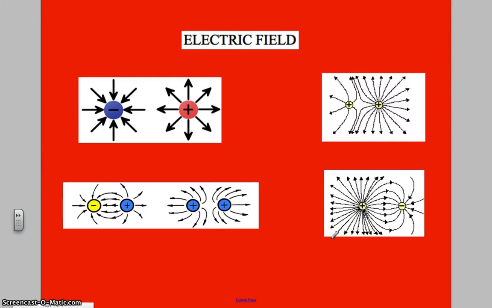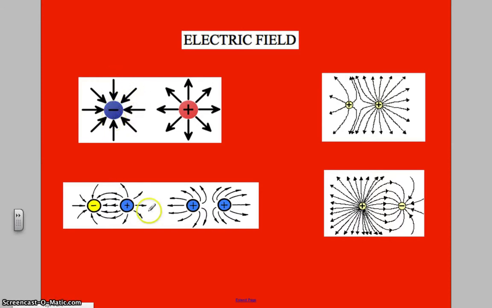You can represent a positive charge, like right here, by drawing lines away from the particle. This is kind of how the standard electric field for a positive charge is represented. A negative charge is represented by lines drawn to the particle.